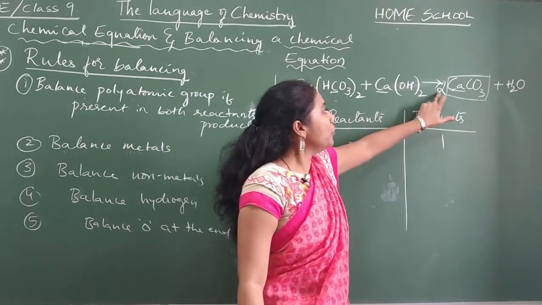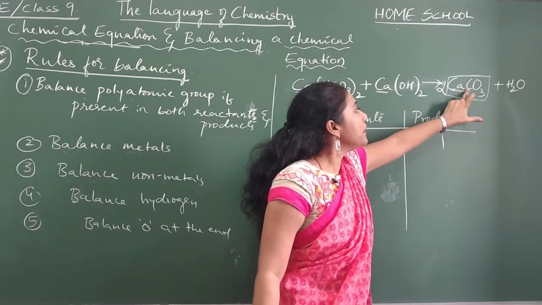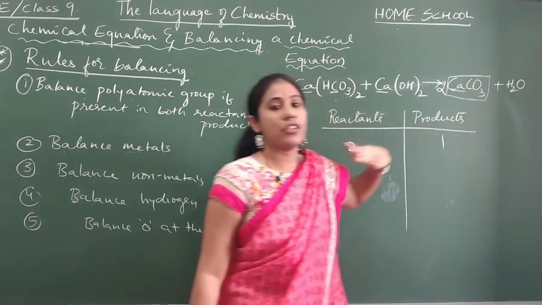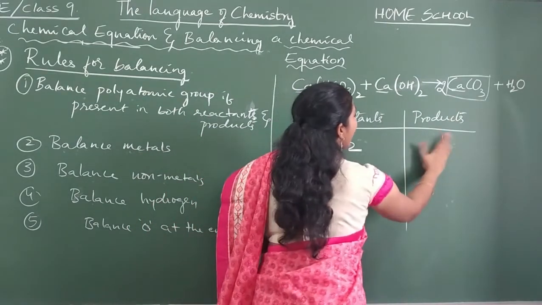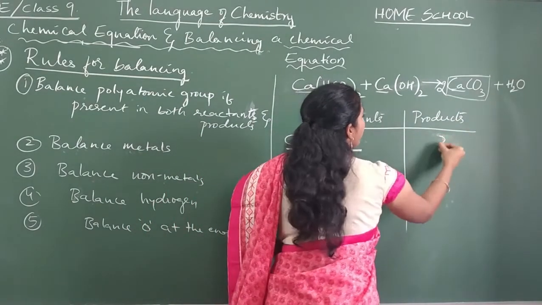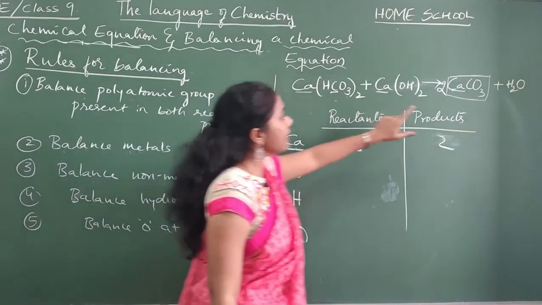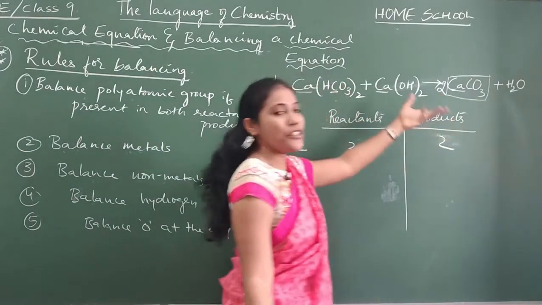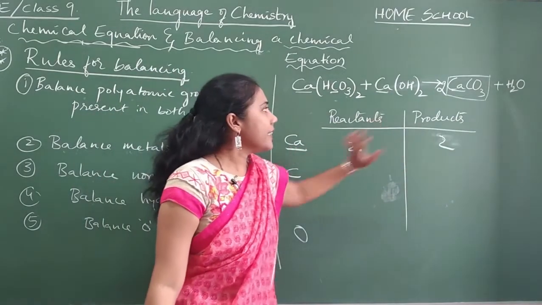Once you have put 2, this 2 belongs to calcium, carbon, and oxygen also. So now you made calcium atoms 2 by putting this digit there. Wherever calcium is there, only there you should put it. Otherwise, there is no use, no? Yes, fine. So calcium work is over.